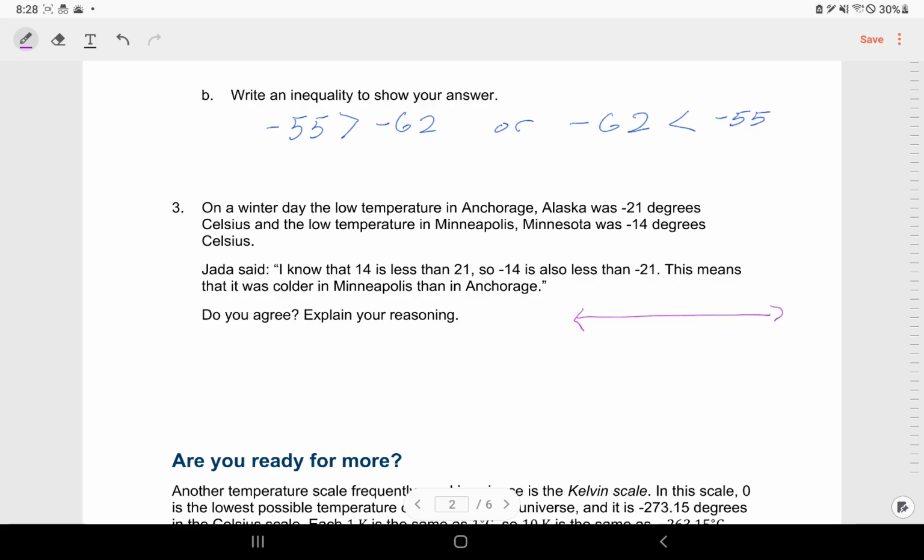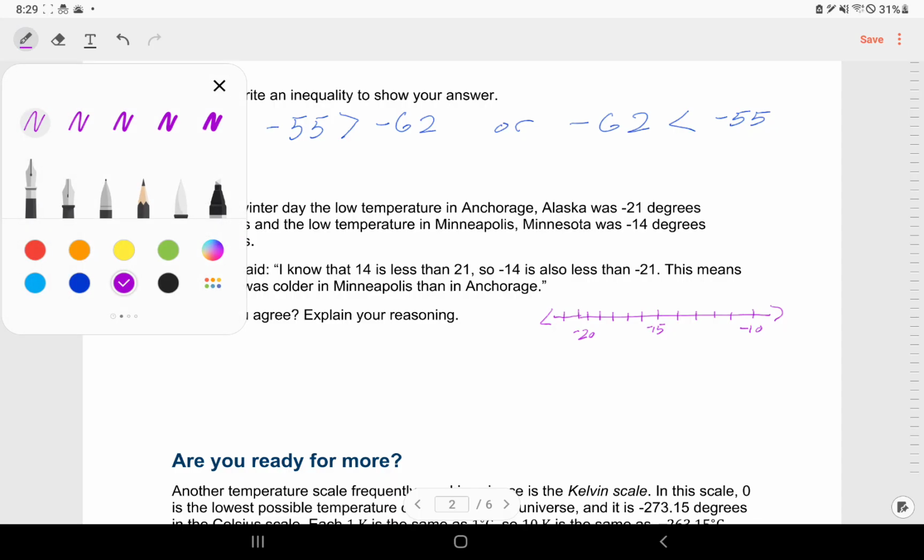Now, because of where it is, I'm going to start with negative 10, because we don't need to go all the way to 0. So negative 10, 11, 12, 13, 14, negative 15, 16, 17, 18, 19, negative 20, 22.